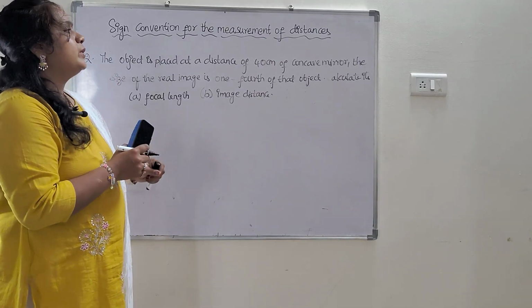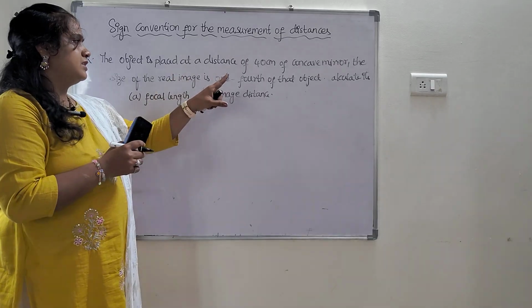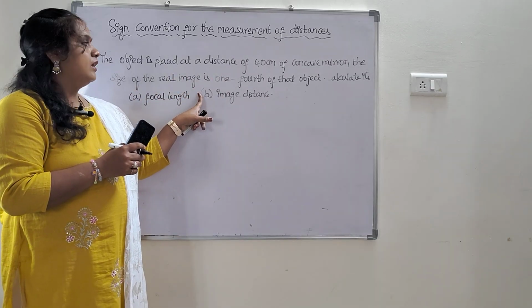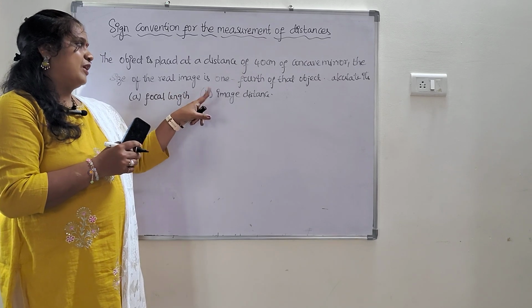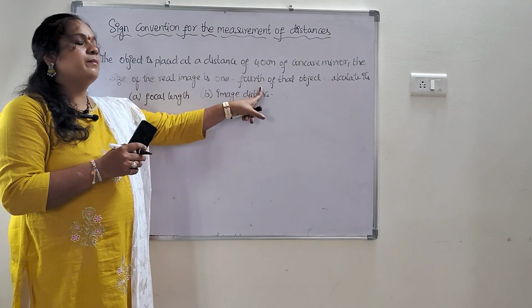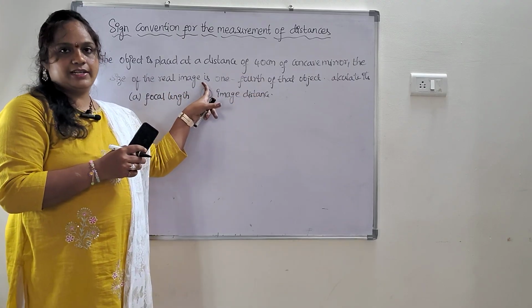First thing is we need to read the question. Object distance, concave mirror, size of the real image. The size of the real image is 1/4. So for a real image, magnification m is equal to -1/4. For a real image we will get minus.